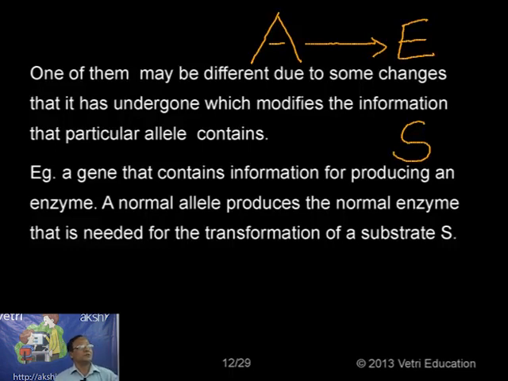The product formed, namely the enzyme, a protein, is responsible for the transformation of this substrate S into S1. This is actually the action performed by this enzyme E. But suppose this allele A has been changed.